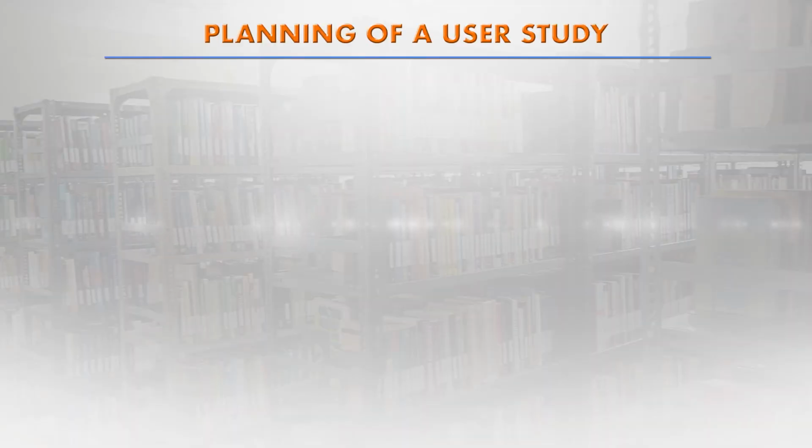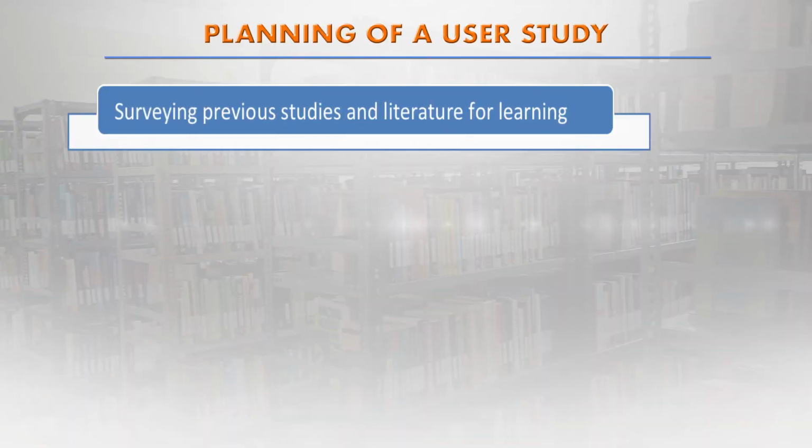Now, when should you plan a user study? When you find that you need to evaluate your library performance. That is the time when you should conduct the user study. For any user study you need to plan it. First of all, you survey the literature, how others have done it, and from there you learn how it should be done.